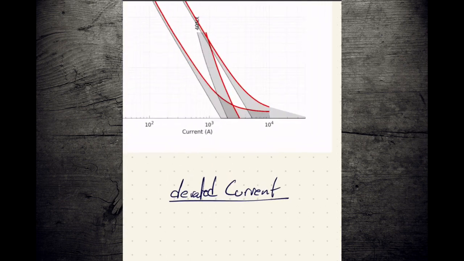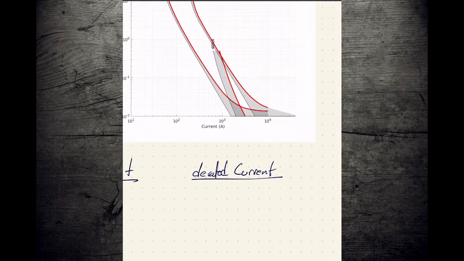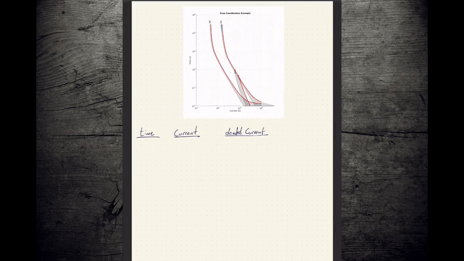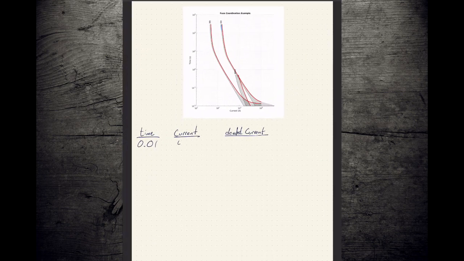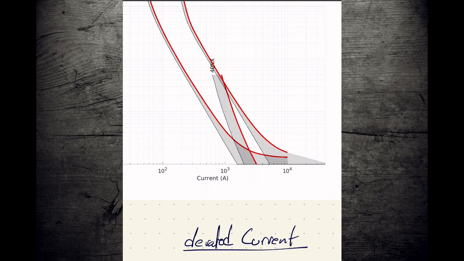And then we start grabbing our points. So 1, 2, 3. That's 1000.